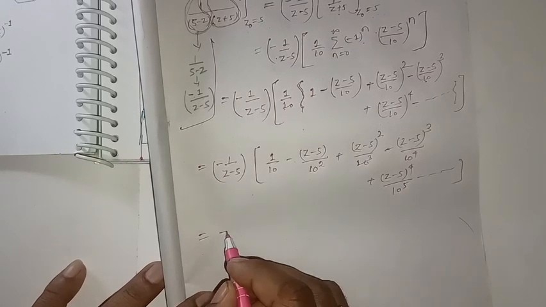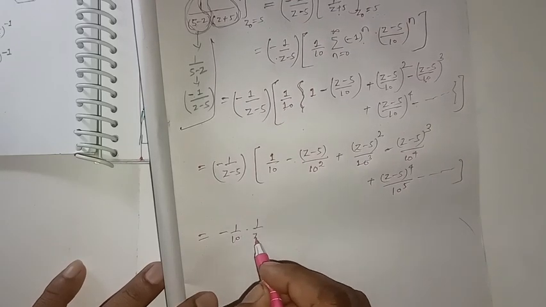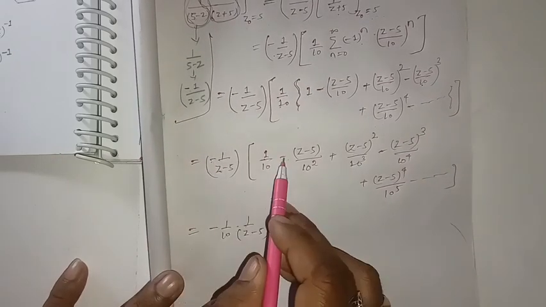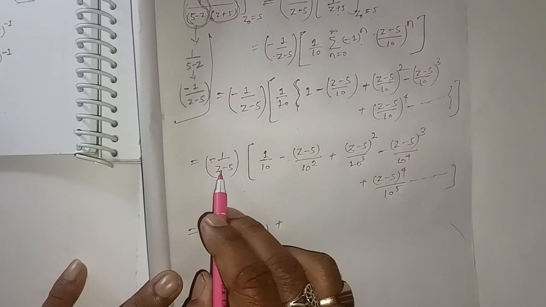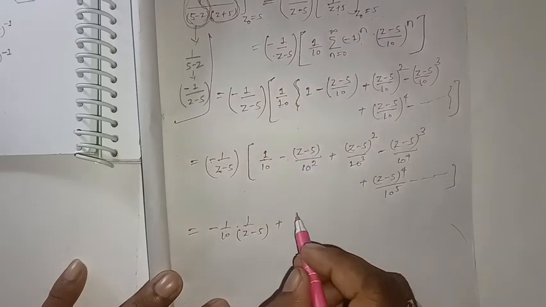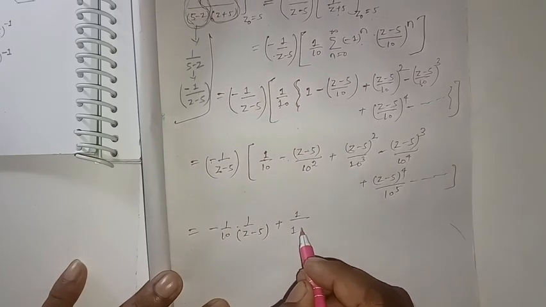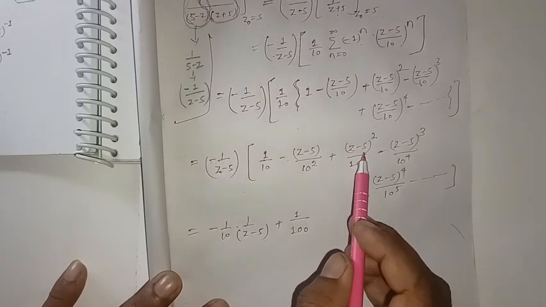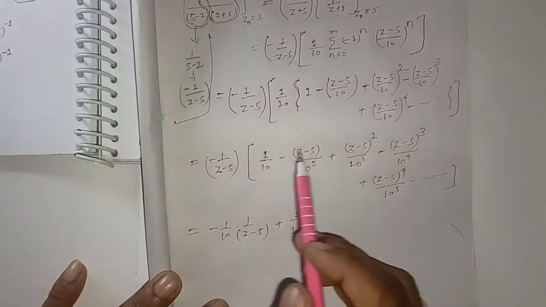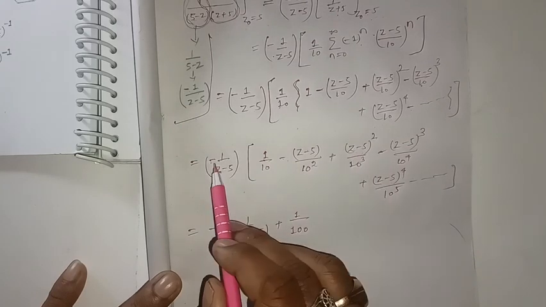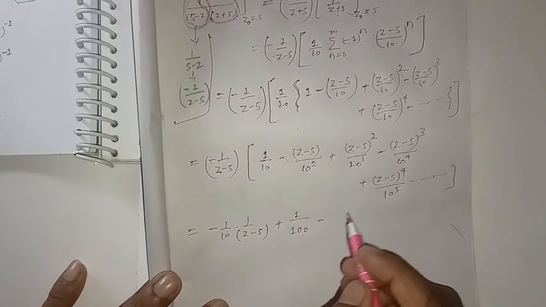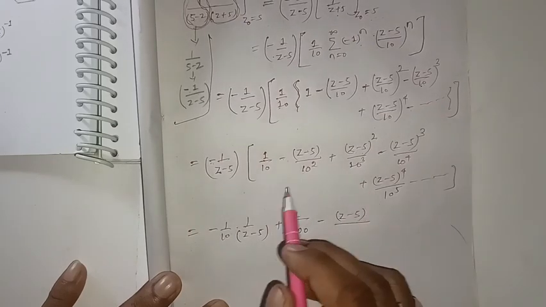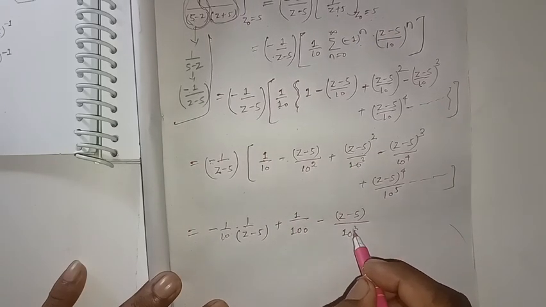Now I am going to multiply this one with each term. What I am going to find: minus 1 by 10 into 1 by z minus 5, this one multiplied with this one. Then minus, plus z minus 5, z minus 5 got cancelled. We get 1 by 100. Then this term multiplied with this term, z minus 5 square and here z minus 5 got cancelled, and this is minus, this is plus, so minus z minus 5 divided by 10 to the power 3.